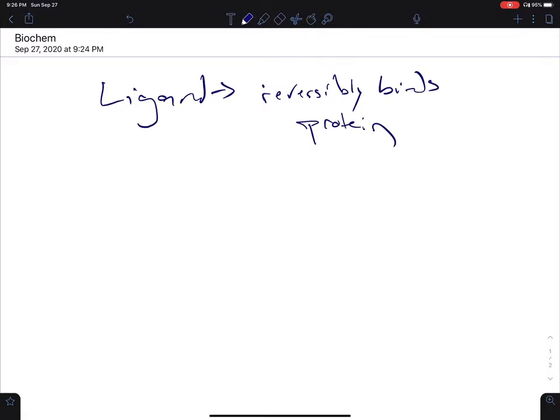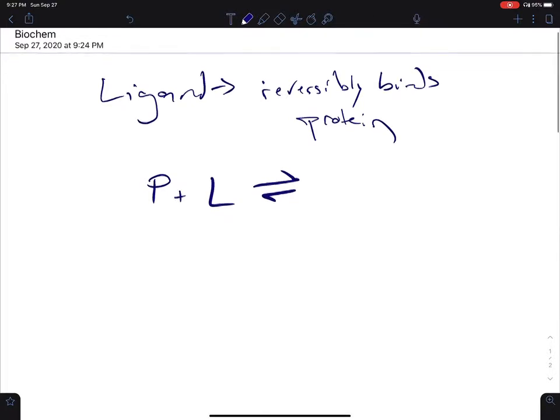And so if we look at this just as a chemical formula, this would be the protein as P plus the ligand as L, which can either form or unform a protein ligand complex, PL, right? And if we remember from our good old chemical equilibrium, we can quantitate a K for this.